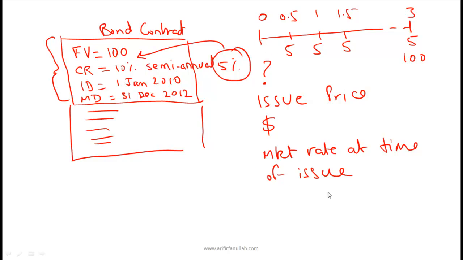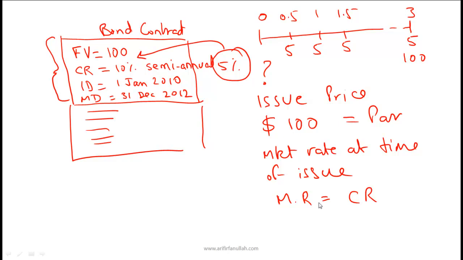As we will elaborate in more detail over the next few slides, if the market rate that investors deem appropriate for this issuer is equal to the coupon rate, then the bond is issued at par, which means that the issue price of 100 will be equal to par value.